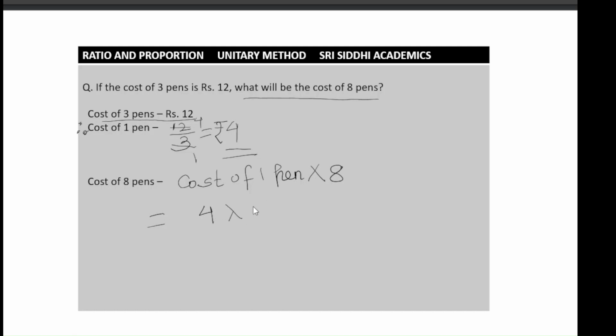So 4 is the cost of 1 pen we had found just a minute back. So it is rupees 4 eights are 32. This is the cost of 8 pens. Okay. So now let's get further into this example to understand unitary method better.